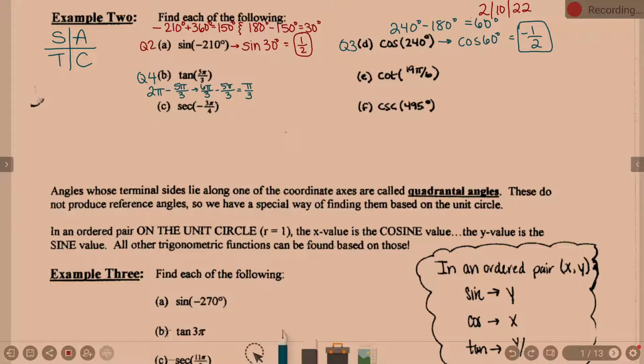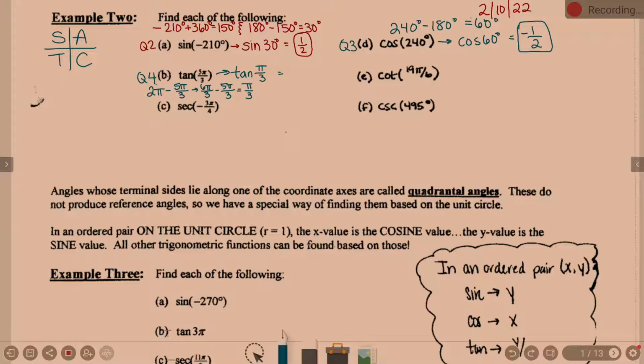Are you following that? Tell me if you're not. Let me re-explain. Let me draw pictures, whatever the case is. But it's closest to 2 pi, so I subtracted from 2 pi. So when I do this problem, I'm asking myself, what is the tangent of pi over 3 in quadrant 4? According to our chart, what is the tangent of pi over 3?